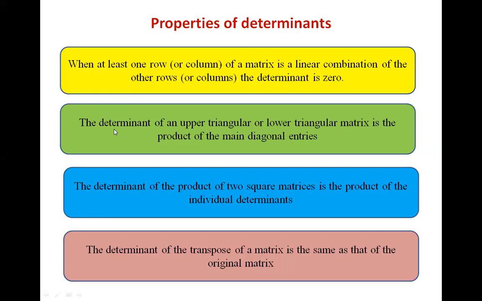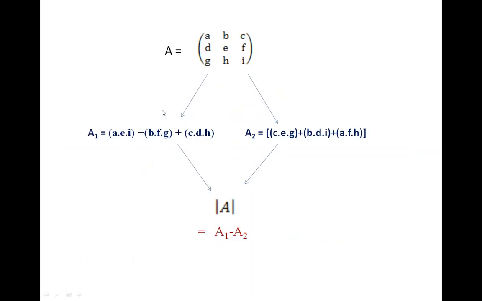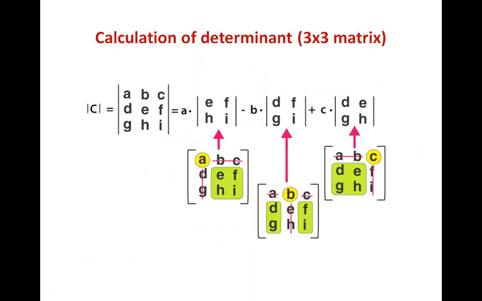Then the next property is that the determinant of an upper triangular or a lower triangular matrix is the product of the main diagonal entries. You can realize these properties by considering a standard matrix. For example, say this is a diagonal matrix.